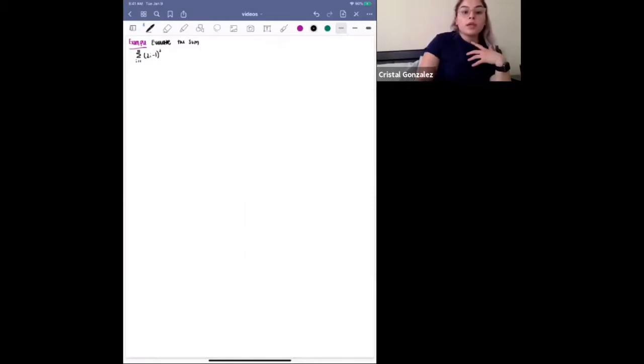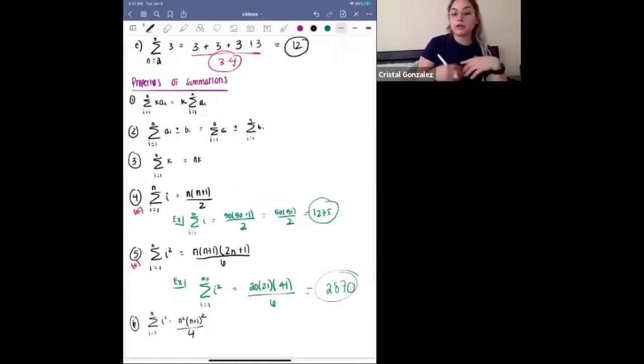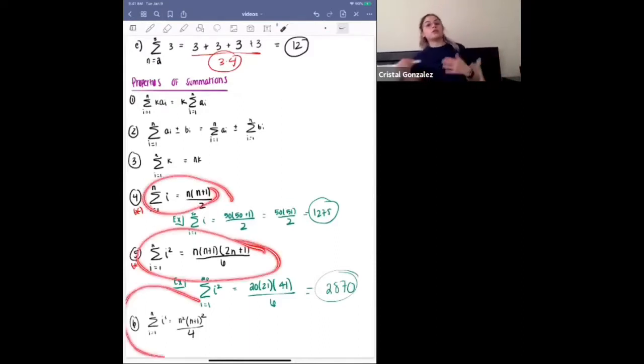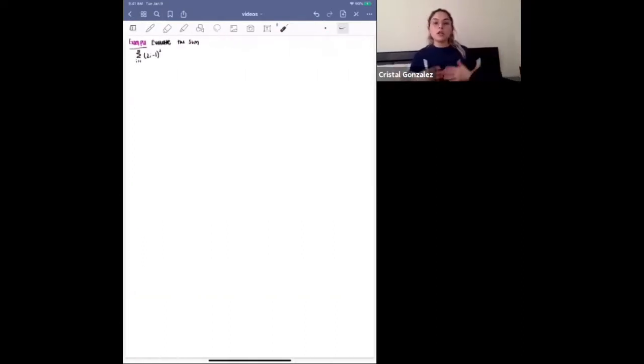So for this, it might be a good idea that when you're learning these, when you're practicing, or if you're doing your homework, to go back and write down these formulas all over again, because we're going to use these to manipulate our summation so that we can evaluate sums really easily.